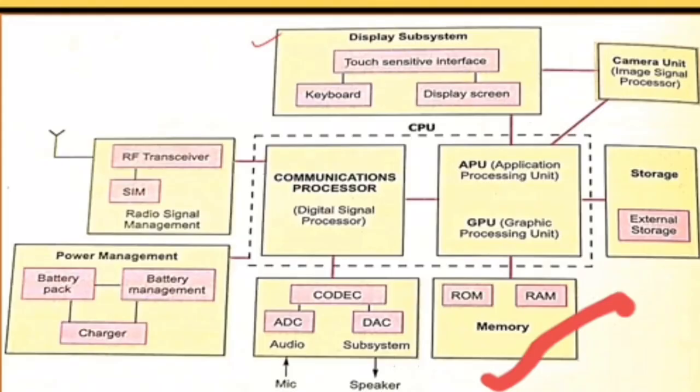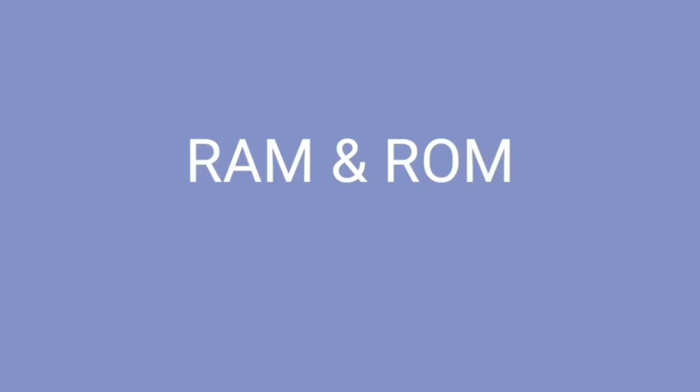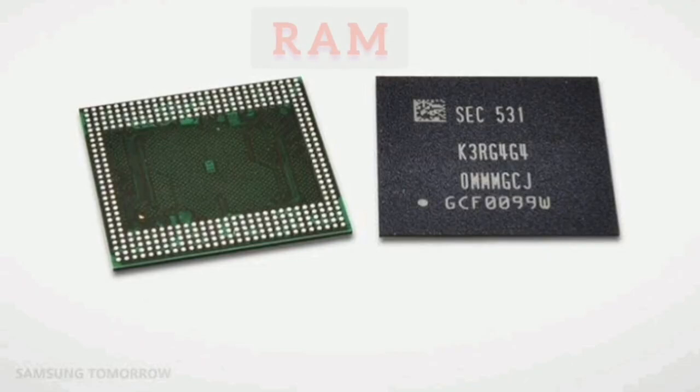Mobile system memory. A mobile system needs memory to work. It consists of two types of memories, random access memory and read-only memory. RAM is the work memory of the mobile system. When run, all the installed mobile apps are first loaded in the RAM and then executed.